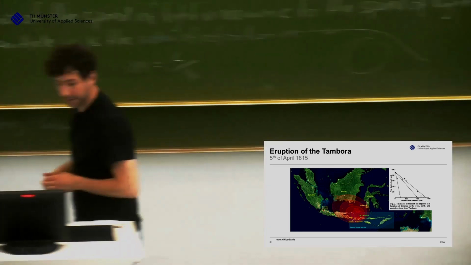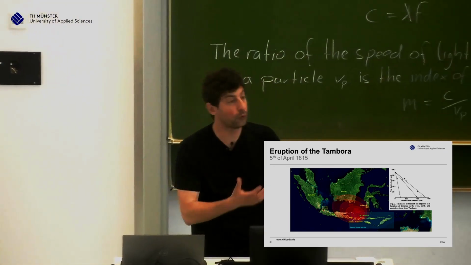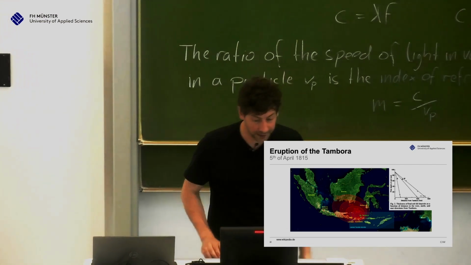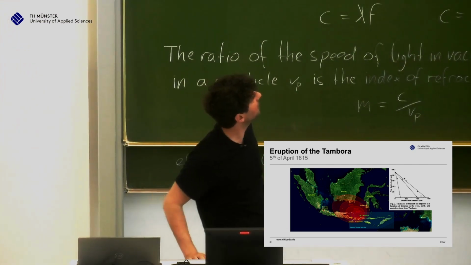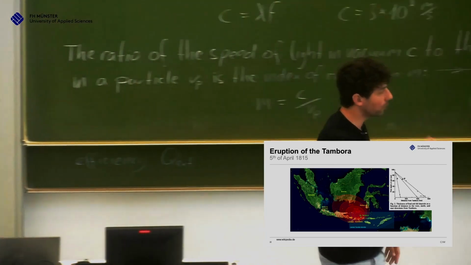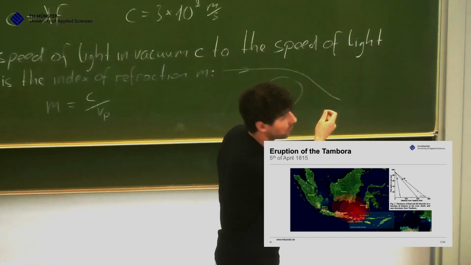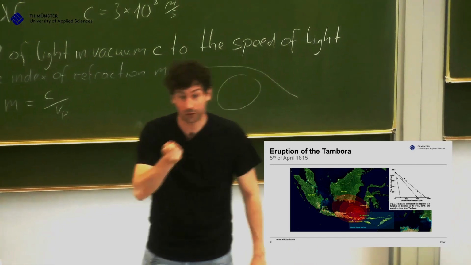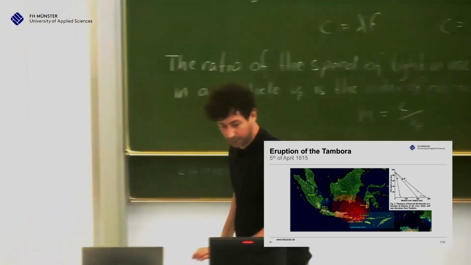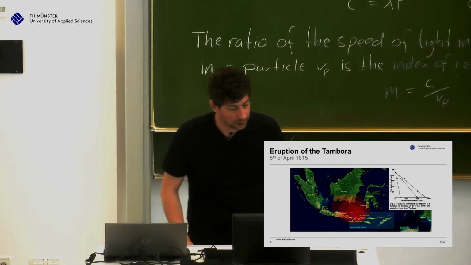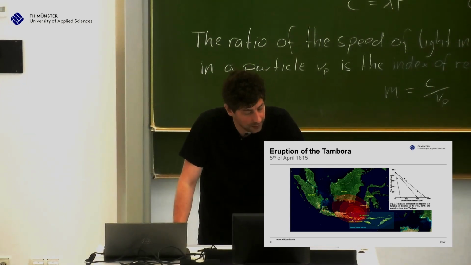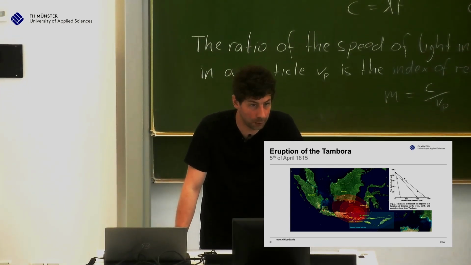And the interesting thing is now, what are these aerosols doing in the environment? This is why it's so interesting here, because this is a really remarkable eruption of a volcano, so extremely strong. And it's quite well documented because during this time there happens what's called the year without summer.